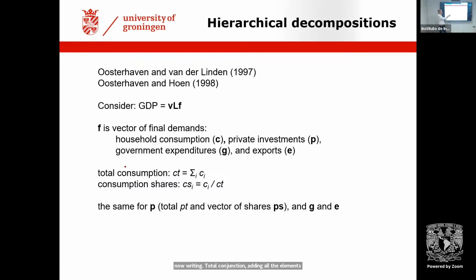That gives you CT, where T stands for total consumption. And we have consumption shares, which is simply consumption divided by the total. So you have a factor of consumption share, and they add to 1. And you do the same for private investments, for government expenditures, and for export.